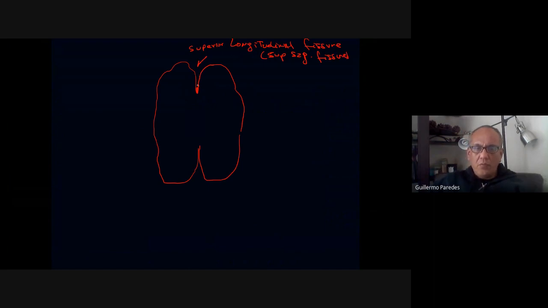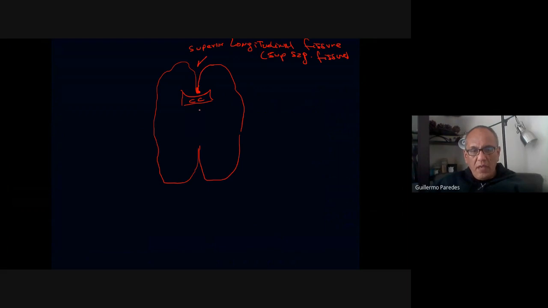Okay, so now you put your finger there, and there is something that is going to stop it here. What is this? It is one structure called the corpus callosum. You put your finger all the way, and it's going to be stopped here, because the corpus callosum is blocking that. So you cannot go all the way down.